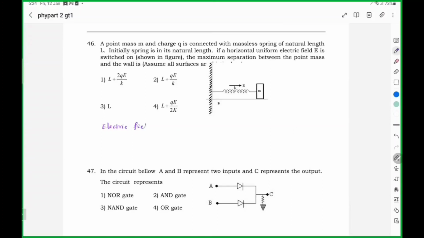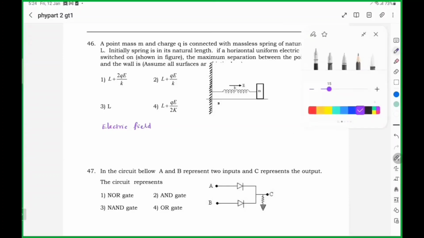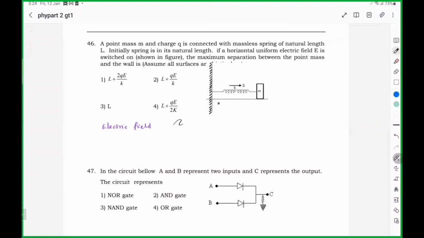An electric field is applied on a charged particle of mass m.